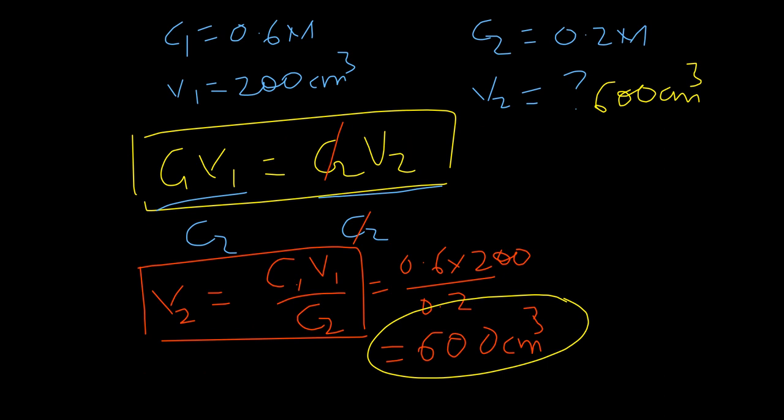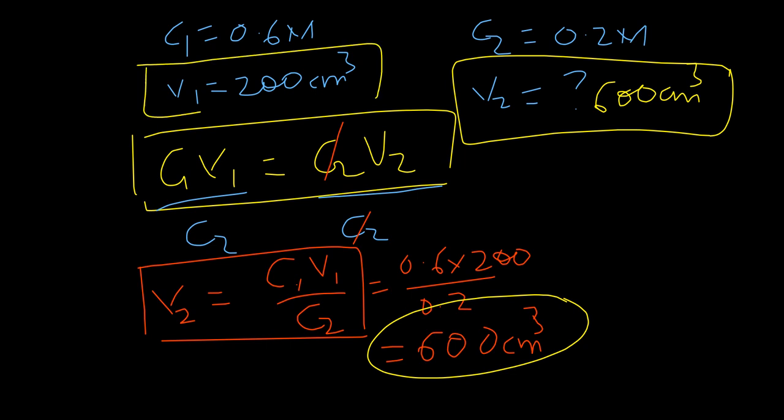Now this is the new volume. This was the original volume. So the question is how much distilled water was added to volume 1, which is 200 cm3, to obtain volume 2, which is 600 cm3. All you do is subtract V1 from V2. When you do that, you get 400 cm3.